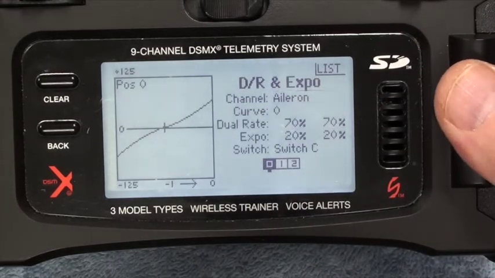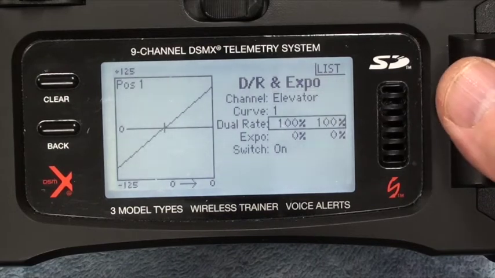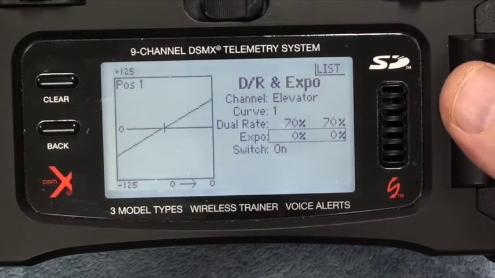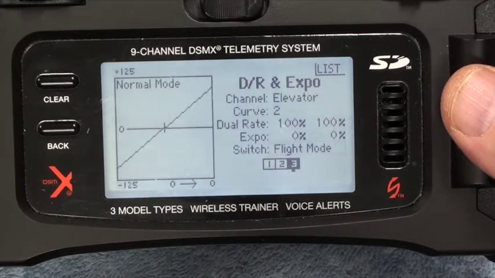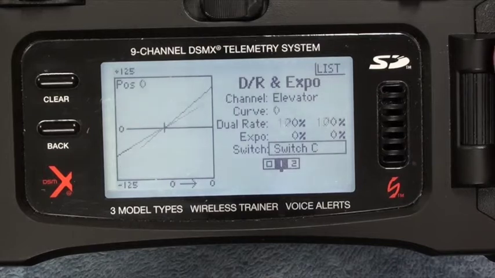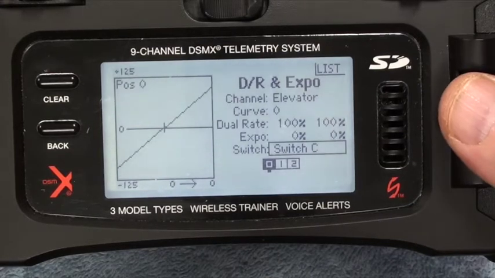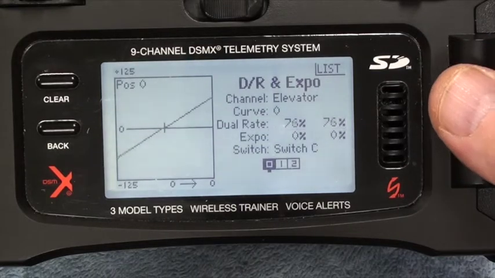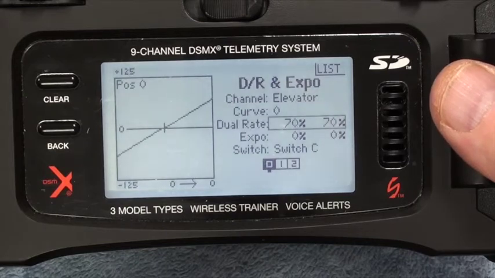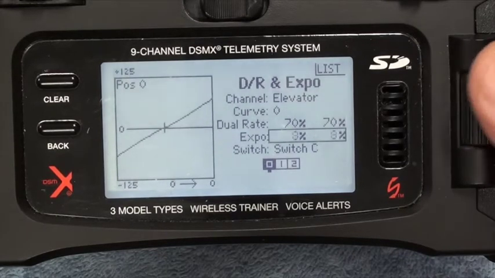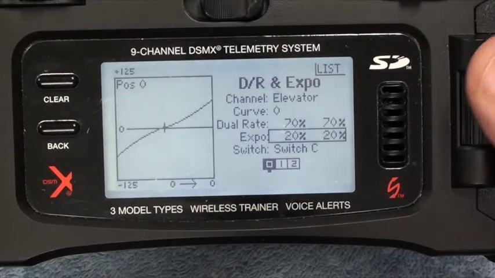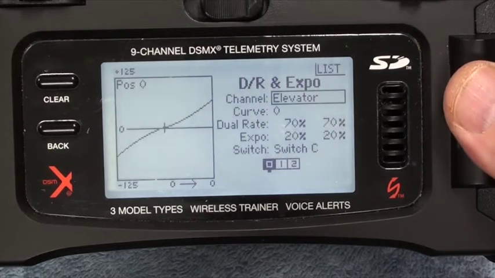Come up here, change aileron to elevator. And so I want this to be 70%, and Expo of oops, wait a minute, let me put on the switch, nope, I want to put on switch C. Okay, and I want that to be 70, and the Expo to be positive 20, not negative 20. Okay, and so that's elevator.